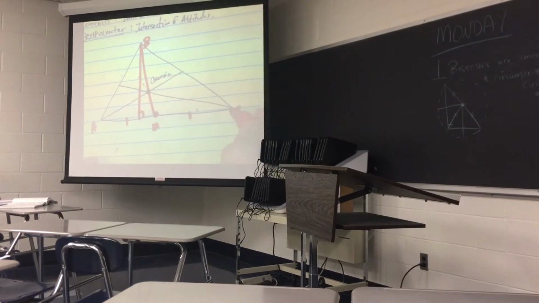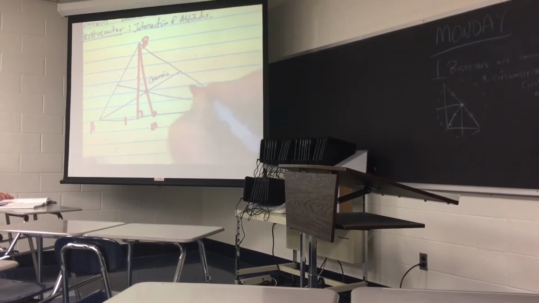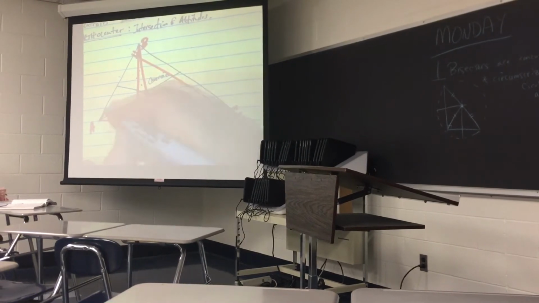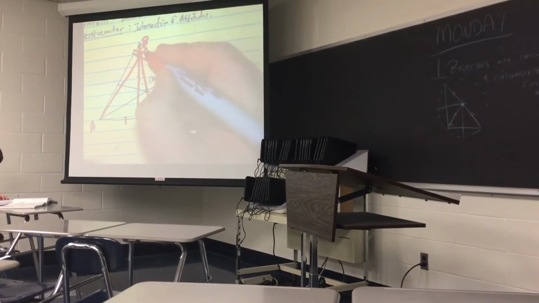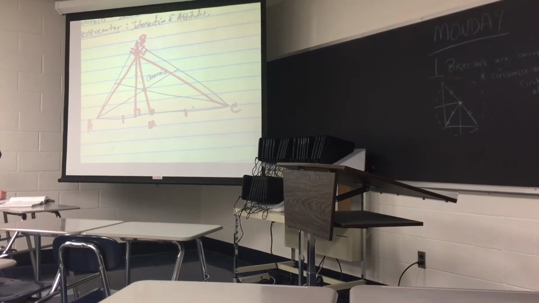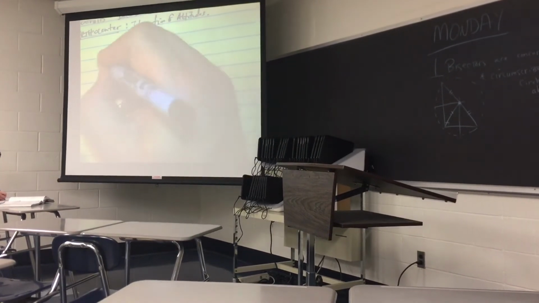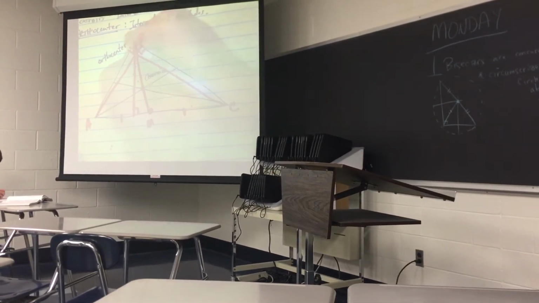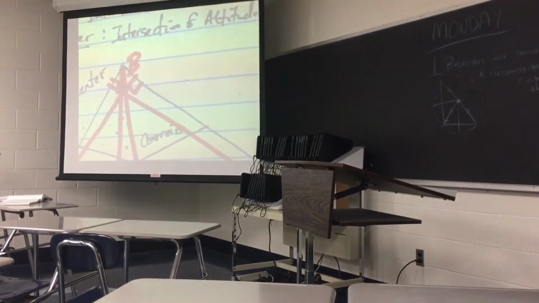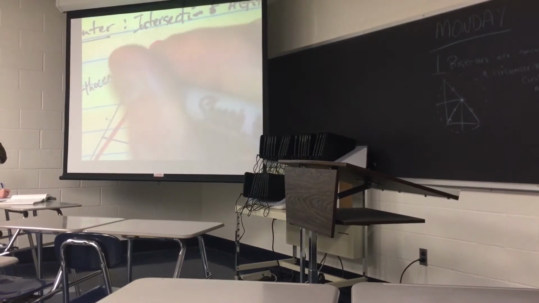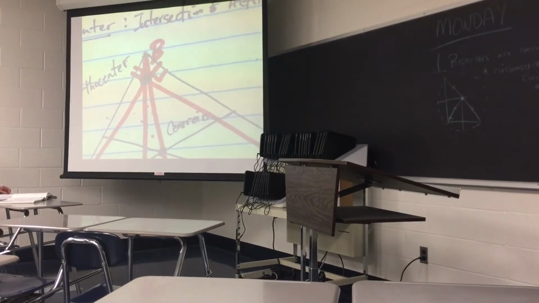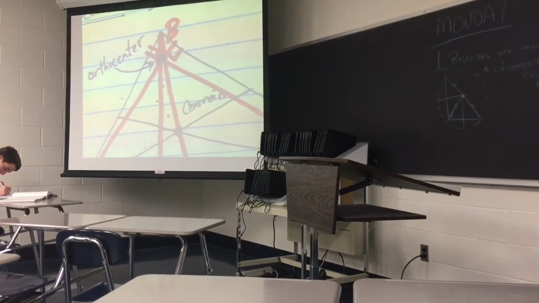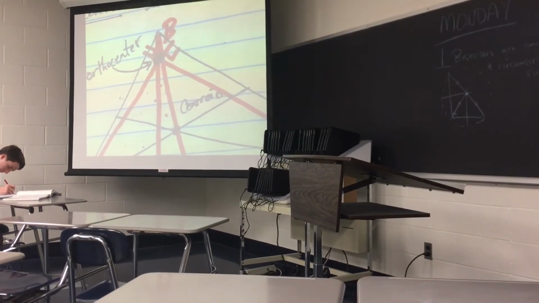So the perpendicular is probably from C, maybe up here like this. And the third one would be right there. And so that point is called the orthocenter. Focus in. Lots of red marks there, but basically it's right there. That's the orthocenter. Okay?